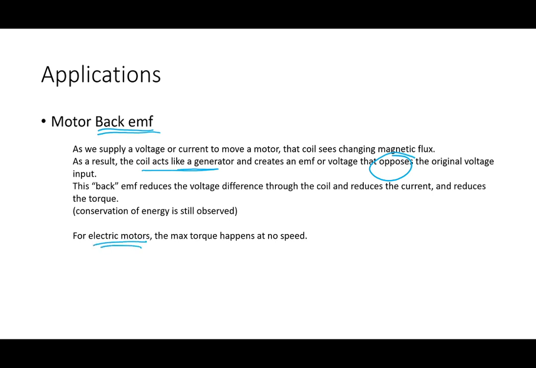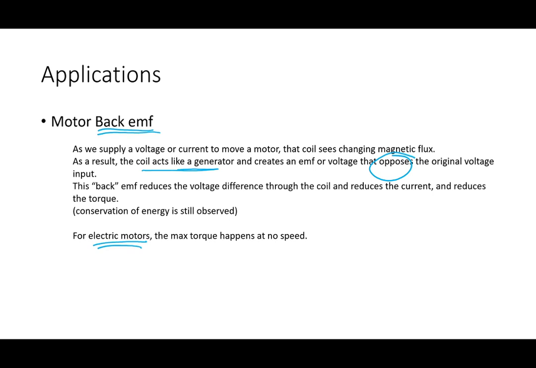So that's why for electric motors, you have the biggest possible torque when you are not moving. It's kind of ironic. This sounds like a bug, but it really is sort of a feature, right? Because with, say, these electric cars with electric motors in them, they have the highest torque, or what we call low-end torque, at the lowest speed, right?